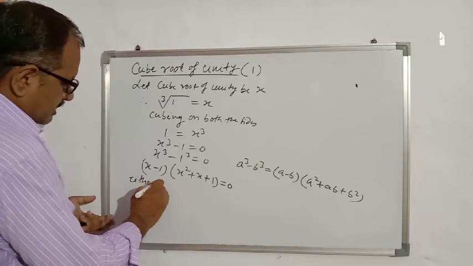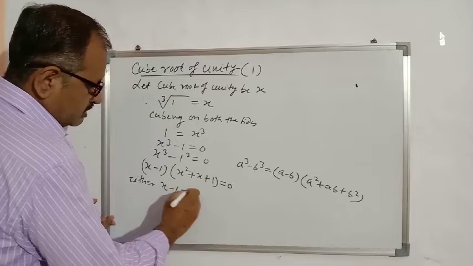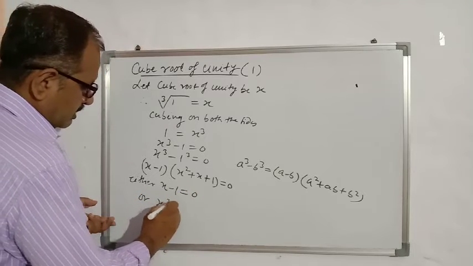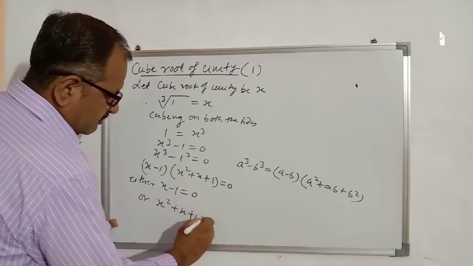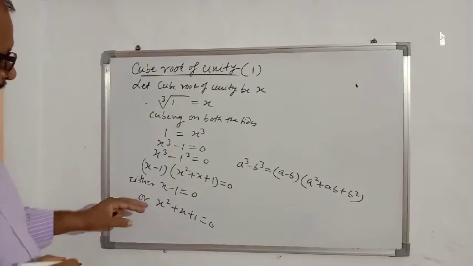Either x minus 1 is equal to 0 or x square plus x plus 1 is equal to 0.